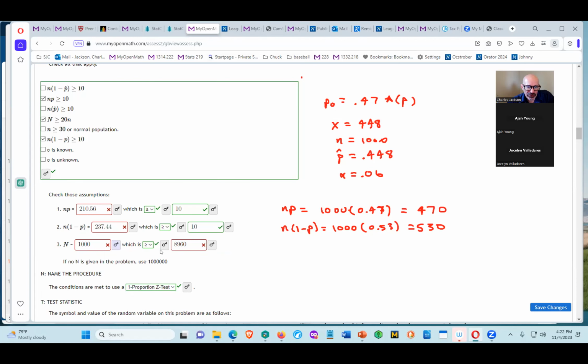Now, is that greater than or equal to 20n? According to the assumption that we're supposed to assume, that's supposed to be 20n, which is 20 times 1,000, or 20,000.